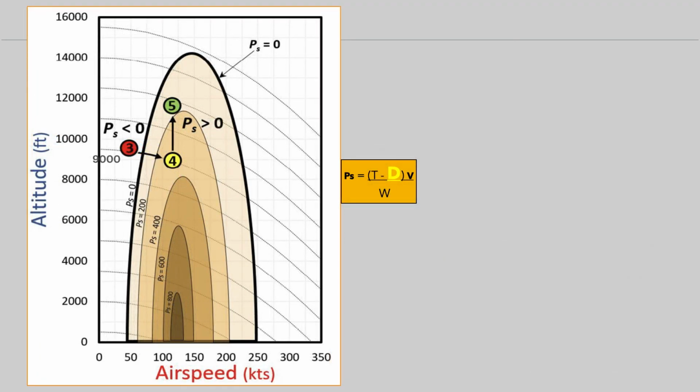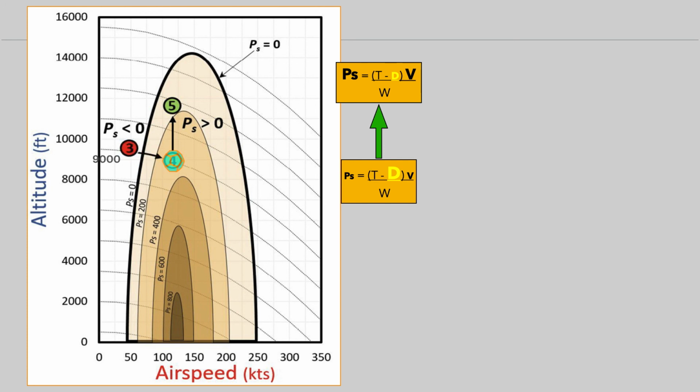Proper energy management is the key. In this situation, we need to move the airplane to a place on the energy map which will provide excess specific power to begin a climb away from the ground. Since the engine's thrust is at maximum, you must reduce drag in order to give the airplane the excess specific power to allow it to climb. We accomplish this by lowering the nose and trading some altitude for airspeed.